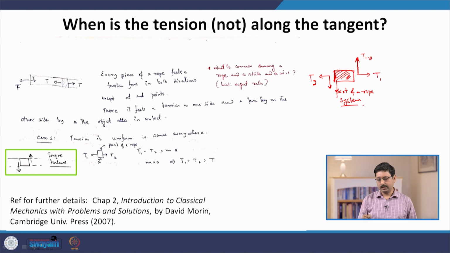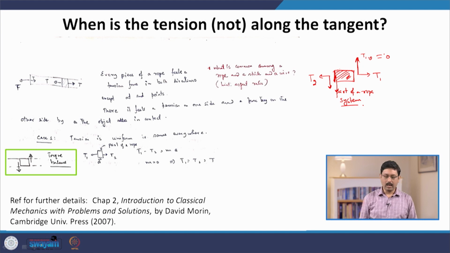If the moment is not 0, then from our previous discussion we expect that the rope should start to rotate, but this violates our experience. We are demanding a situation where the rope is motionless, it is static. So it follows that this must be 0: there should not be any vertical component of the tension.